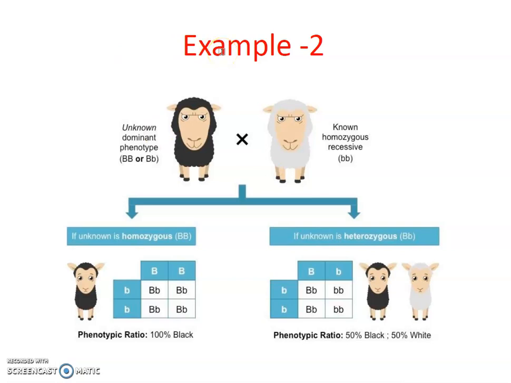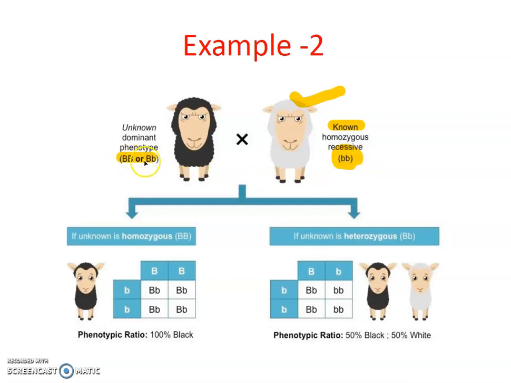Example second: in the second example, this is the unknown dominant phenotype. We don't know whether it is pure homozygous or heterozygous, and we cross this with a known homozygous. Homozygous means the same genes.